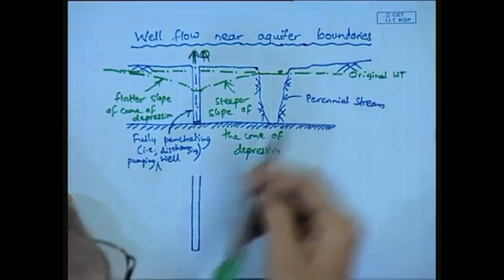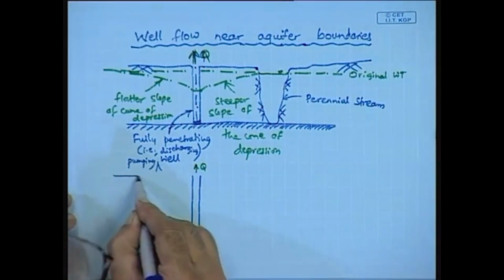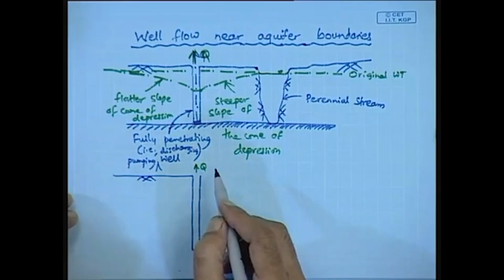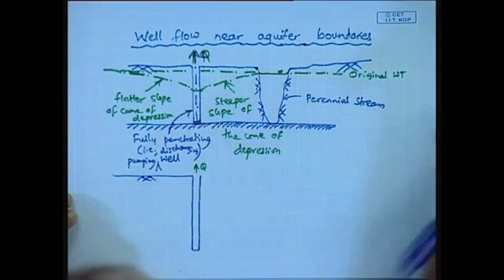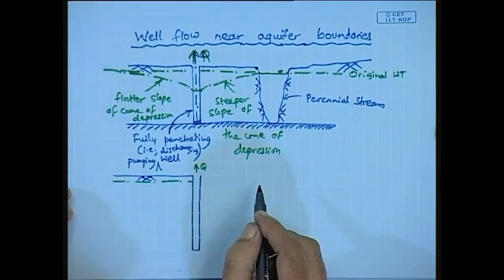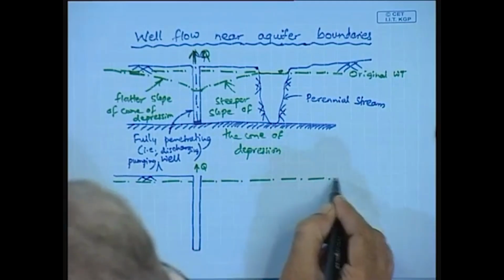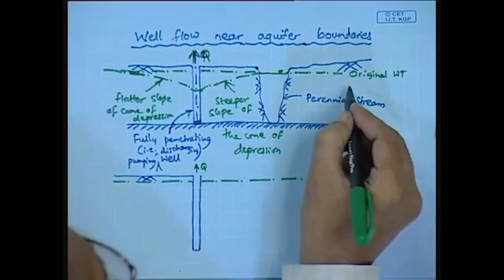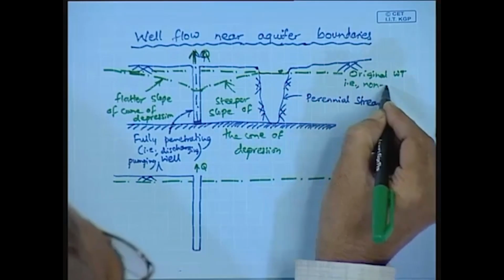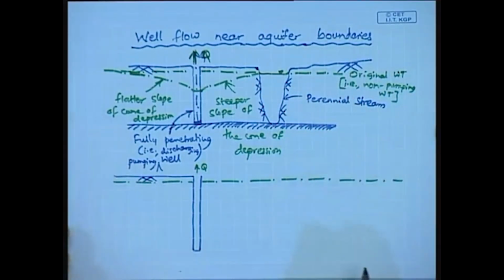This is Q, and this is the ground level, and this is the non-pumping or original water table.